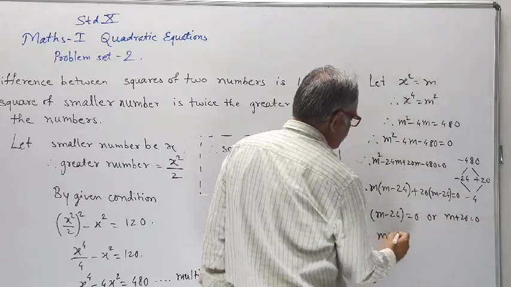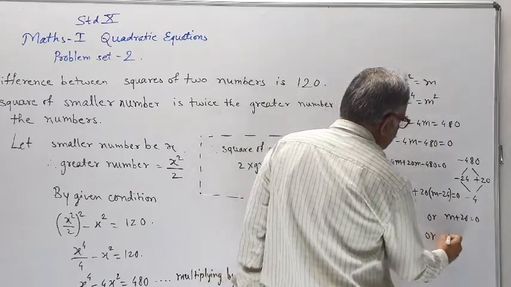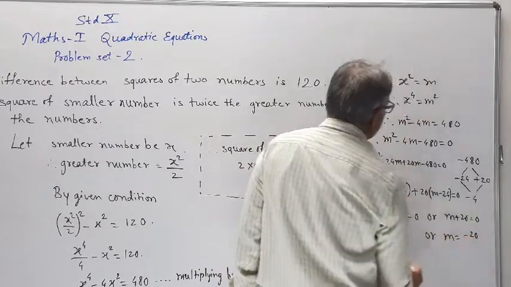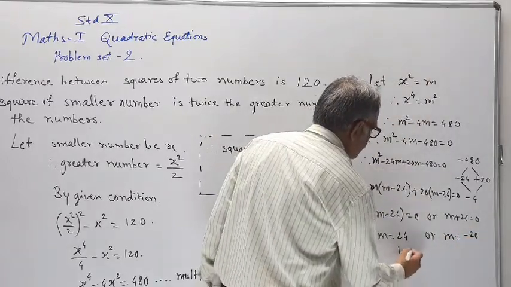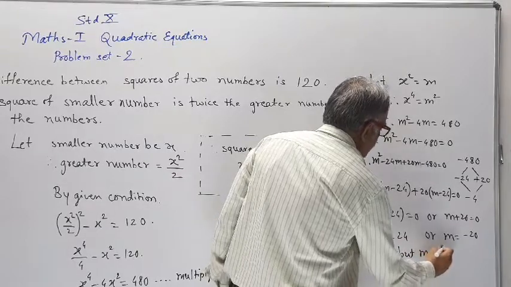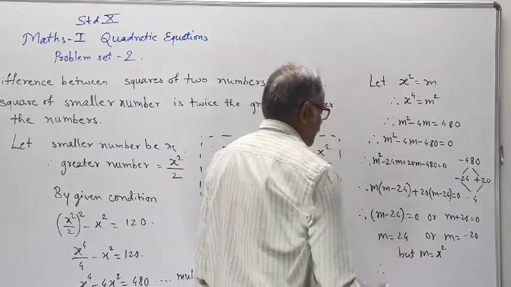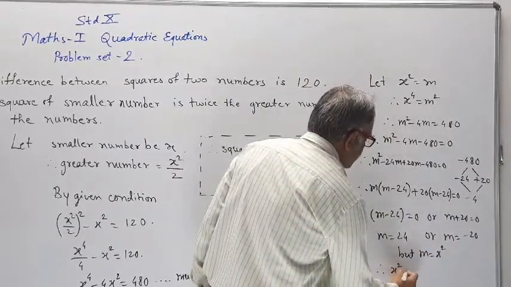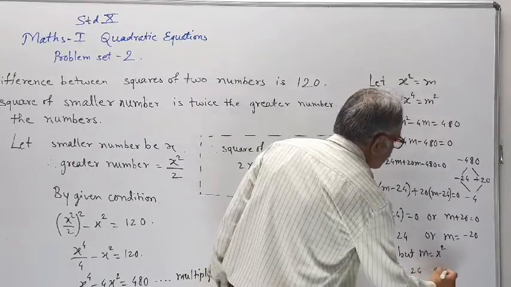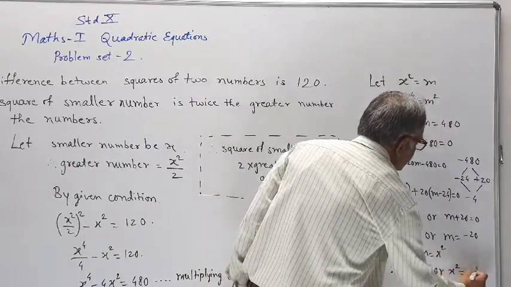Therefore, m is 24 or m is minus 20, but m is x square. Therefore, x square equals 24 or x square equals minus 20.